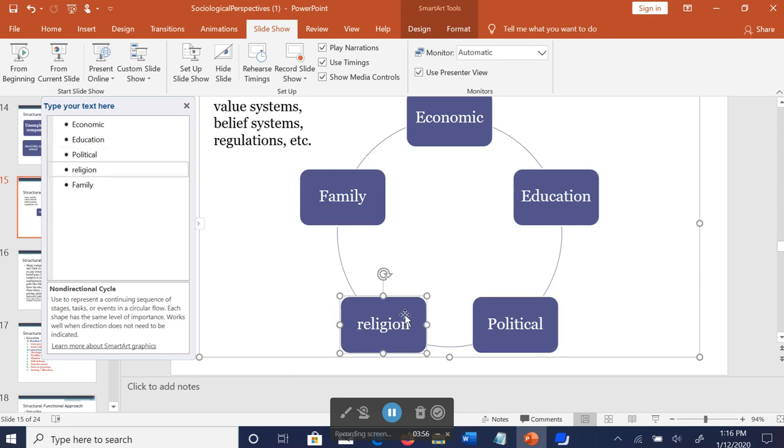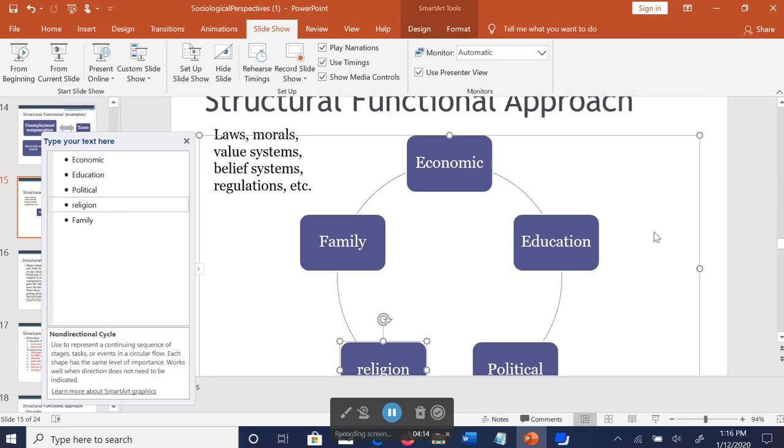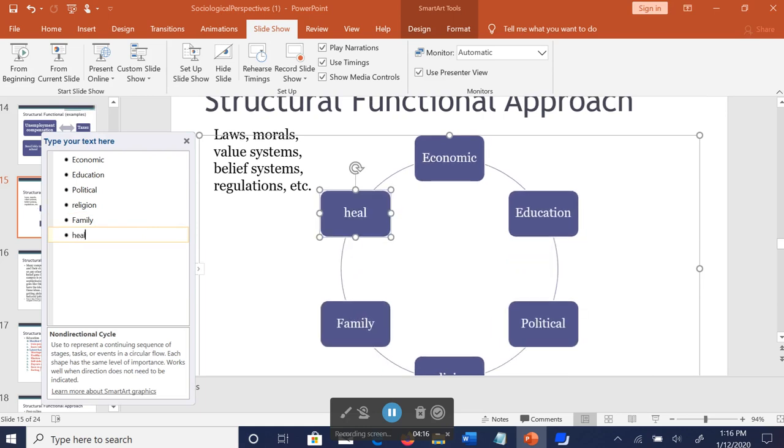And we have the religious institutions, the temples, the synagogues, the churches, the mosques, and so on and so forth. They yet play a different function. And we also have the healthcare system. I forgot to put it here. And yet they play a different function. And we also have the family system with different responsibilities and roles.